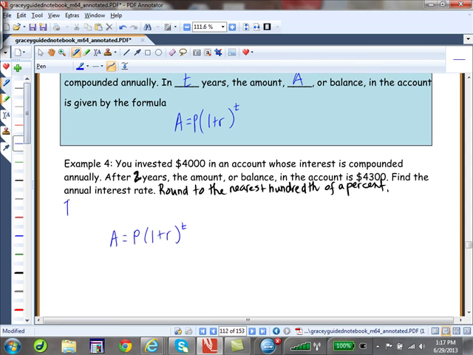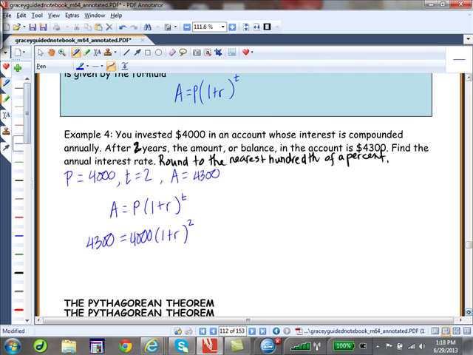So P is 4,000. T is 2, because T's in years. And the amount at the end of that time, A, is 4,300. So what is unknown here is R. So let's plug our stuff in. 4,300 for A, 4,000 for P, 1 plus R raised to the 2, because T we said was 2.